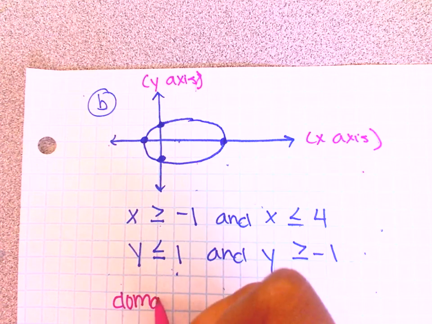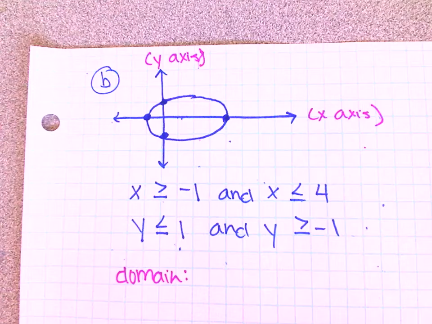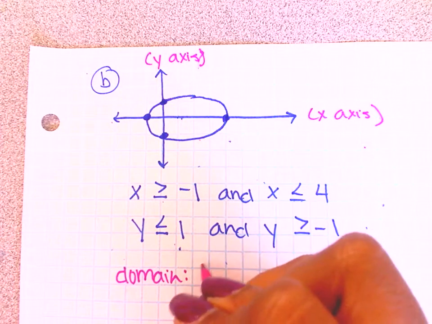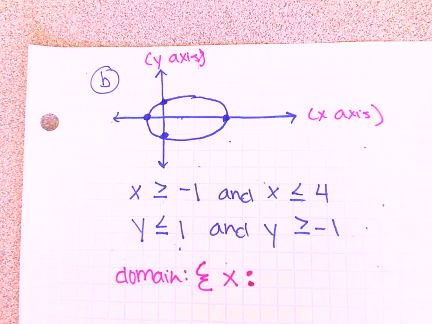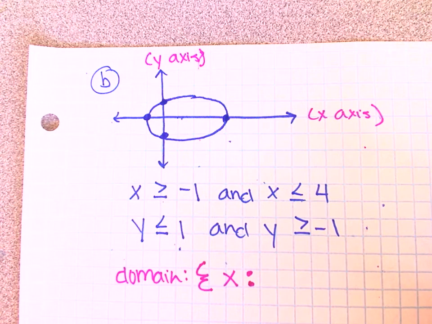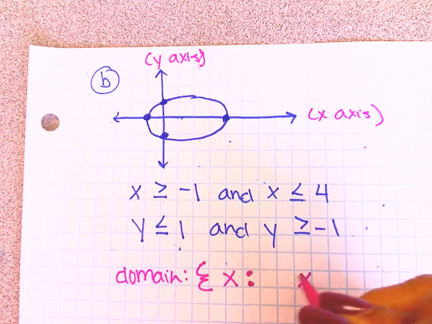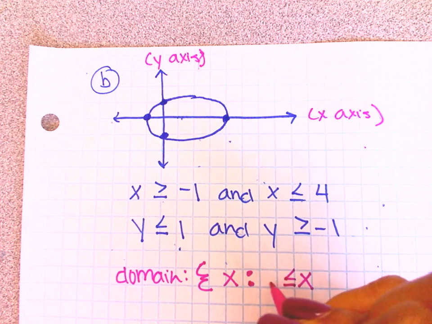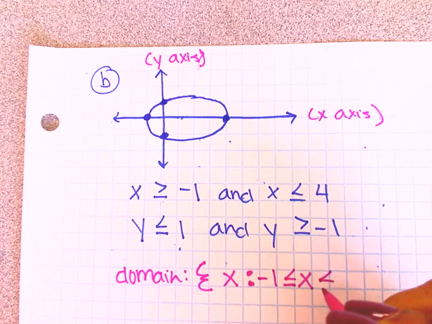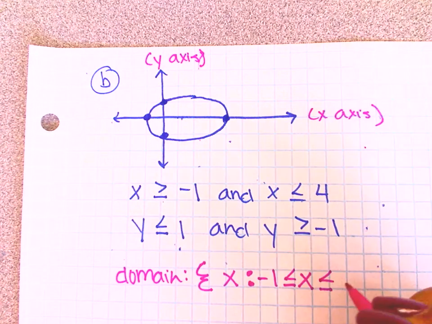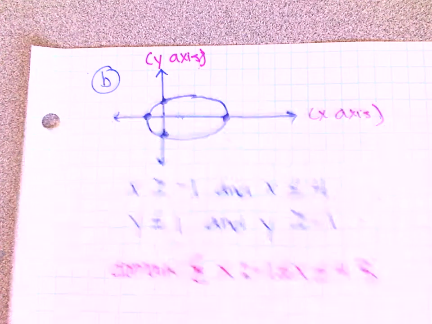My domain is going to be a solution set, if you will, which means I'm going to put my set there. I'm going to put x in 2 colons. And I'm going to write my solution set. X is, so negative 1 is less than or equal to x, and less than or equal to 4. So it's like how we wrote our equations in our last test.